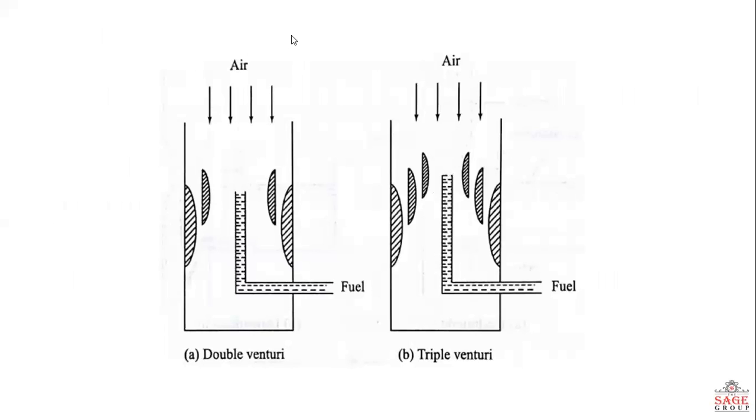In this multiple Venturi carburetor, it uses a double or a triple Venturi. This additional Venturi is known as the boost Venturi. The boost Venturi is located concentrically within the main Venturi.